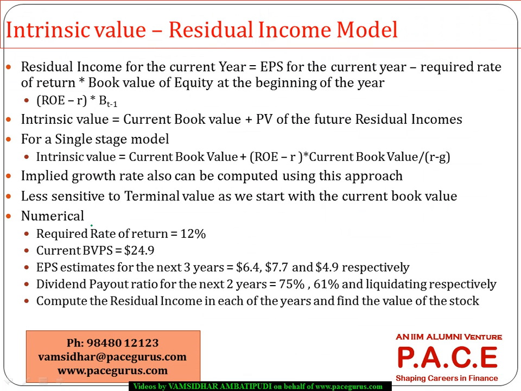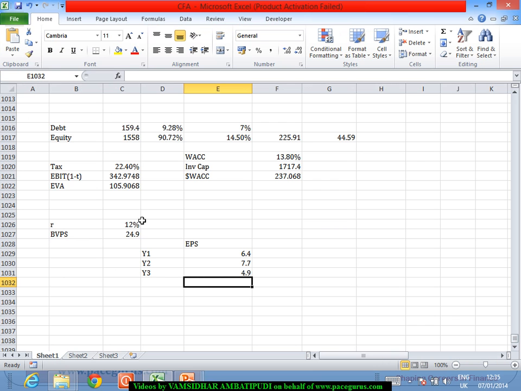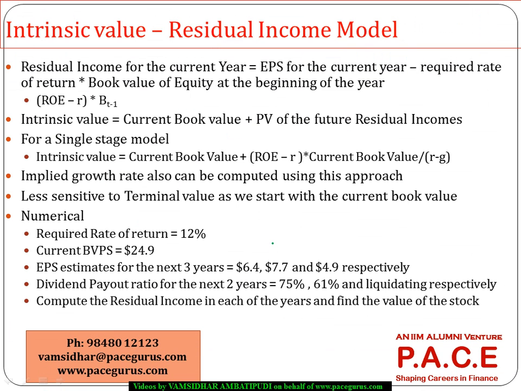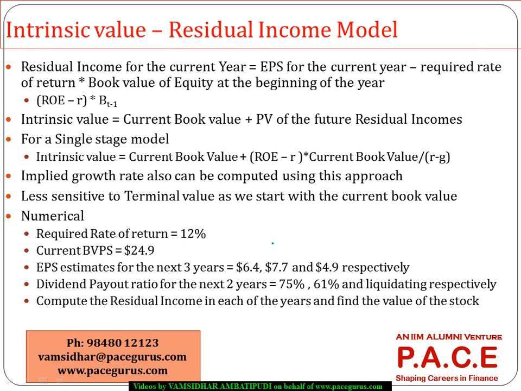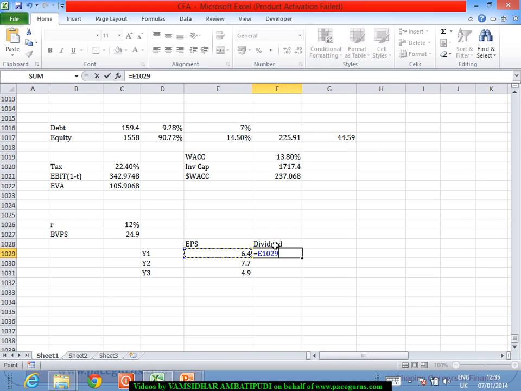Fair enough. The dividend payout. Now that I have the EPS, this is the earnings per share. The dividend payout for the next 2 years. Let me take the dividend. In the first year it is 75%, so out of this number, 75% is the dividend. Then in the second year it is 61%.